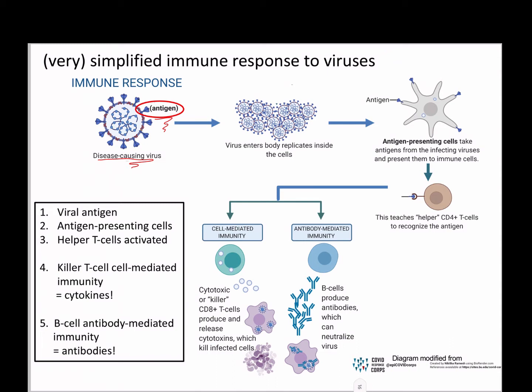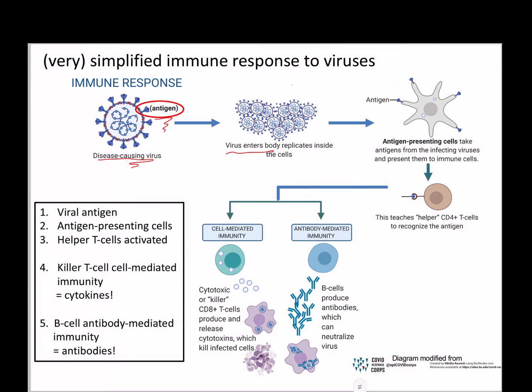So we're looking at this antigen on the outside of this virus, and the body doesn't have an immune response ready yet. That virus is going to enter the body and replicate inside cells. At a certain point, the body's immune system comes in, recognizes that there's a problem, and starts to non-selectively attack those cells.